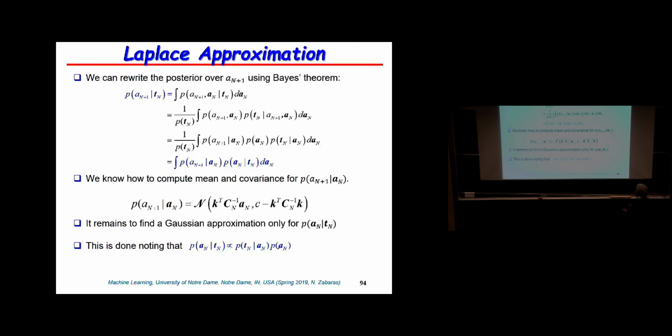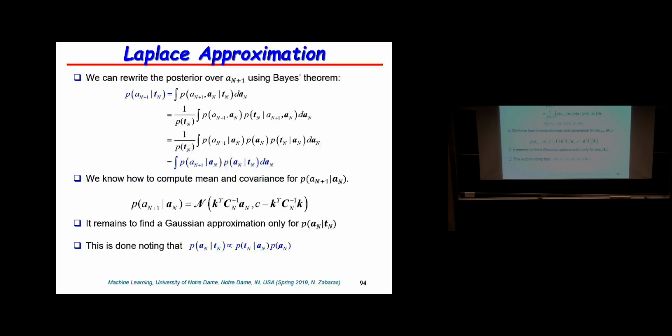Look at the first term. Do we know P of an plus 1 given the vector A capital N? Do we know that? And from where? So this comes to be equal to that, right?